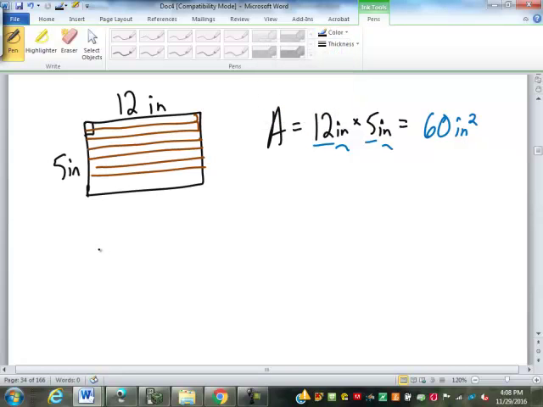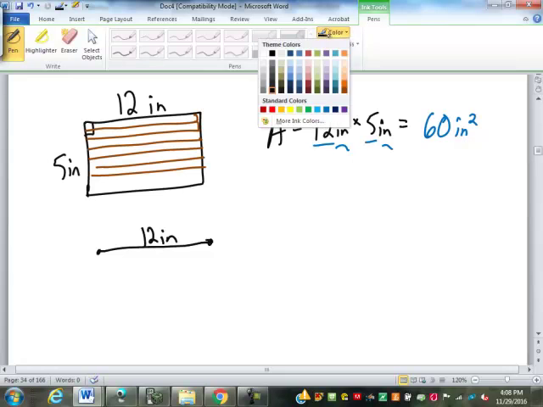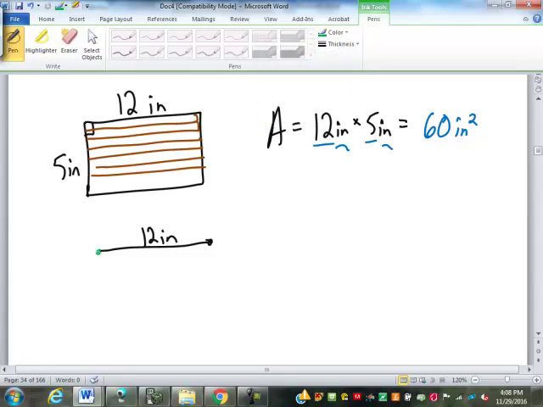For example, let's say I still start out with my 12-inch length. But this time, instead of pulling it perpendicular, I'm going to pull it at an angle. But I am still going to keep it parallel to its original orientation. Notice here it's still parallel to the way it started, but I'm pulling it off at an angle like this. Now, this dimension here does not matter.